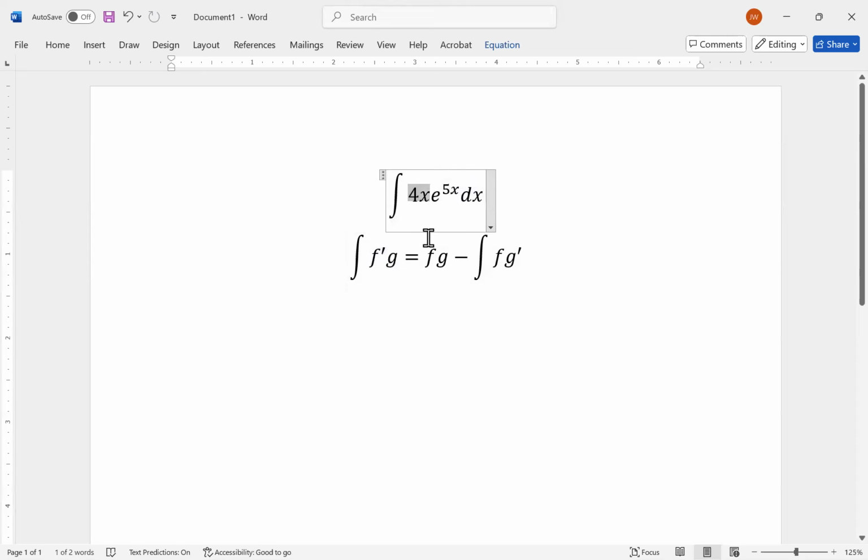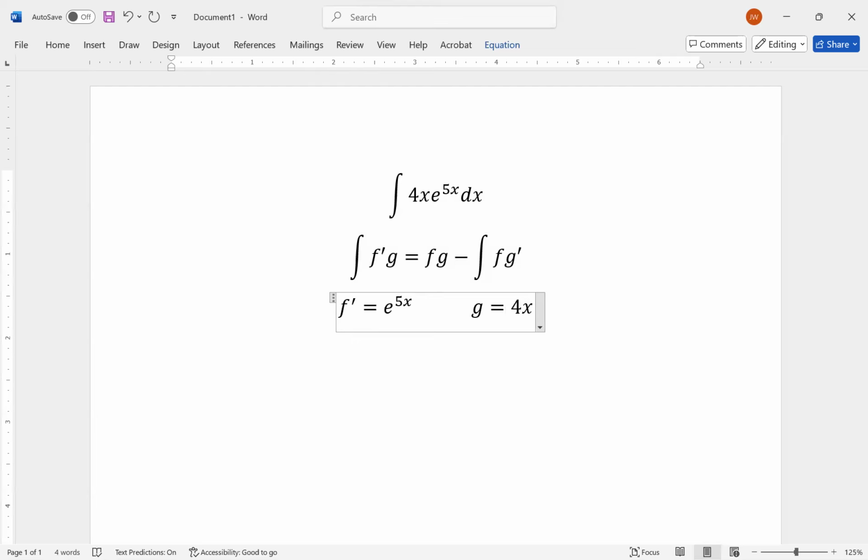This 4x is a polynomial, and this e to the 5x is an exponential function. Now, for an example like this, it turns out I want my f prime to be the exponential function, and I want the g to be my polynomial.